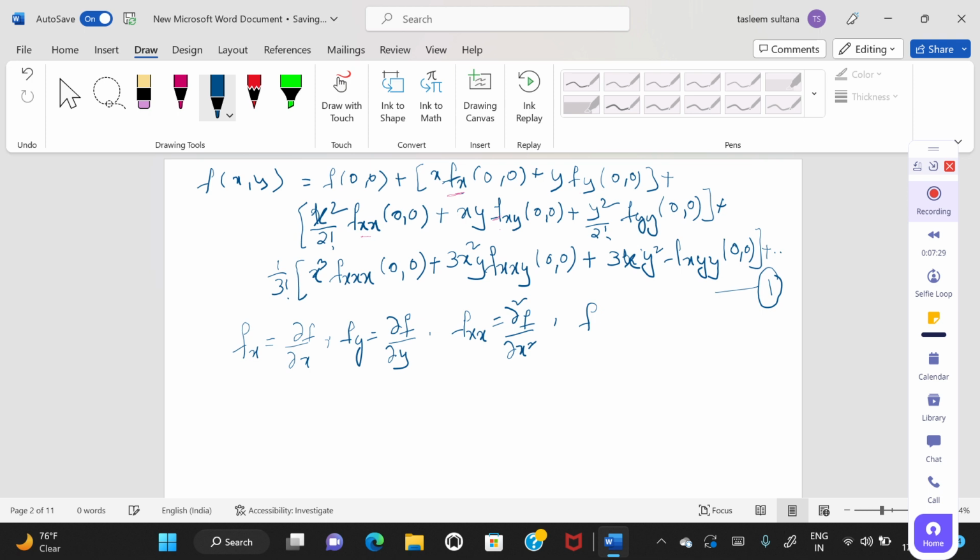Then f suffix x comma y means dou square f by dou x dou y, where f suffix y comma y is equal to dou square f by dou y square. Then f suffix triple x is the third derivative, dou cube f by dou x cube, and f suffix x x y is equal to dou square.